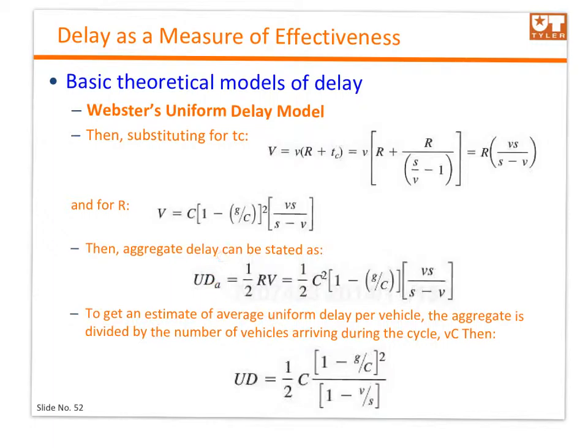Again, we're going back to the main concept, which is the area of a triangle, equal to half C squared times 1 minus G over C times VC over S minus V. To get an estimate of the average uniform delay per vehicle, the aggregate delay is divided by the number of vehicles arriving during the cycle, VC. That gives us the finalized equation right here.